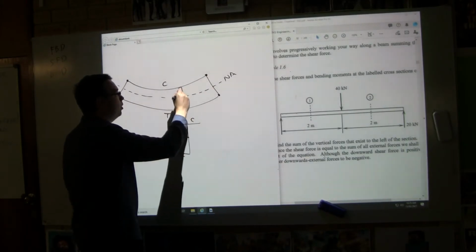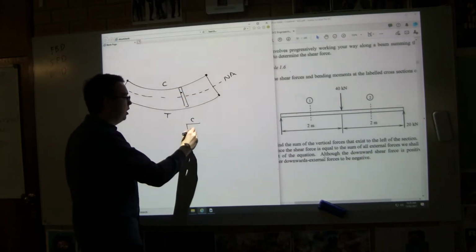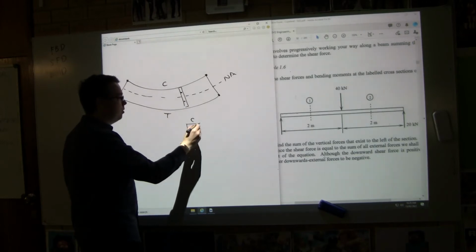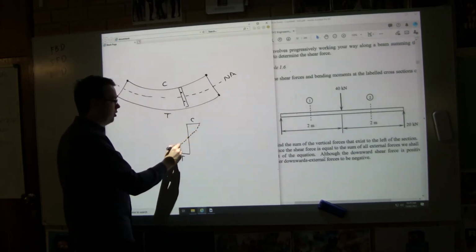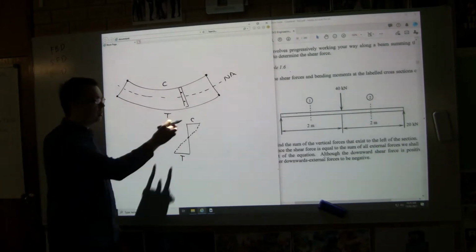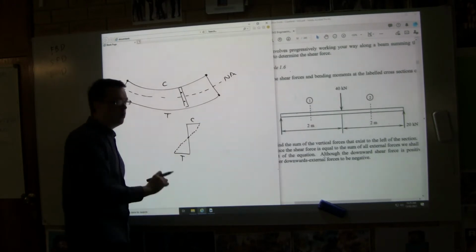Here there'd be some compression, but not as much as above, and at this point there's some tension, but not as much as below. If you join those dots, you'll get a graph of force that looks like this. The compressive force is very high at the top of the beam and very low at the bottom of the beam.